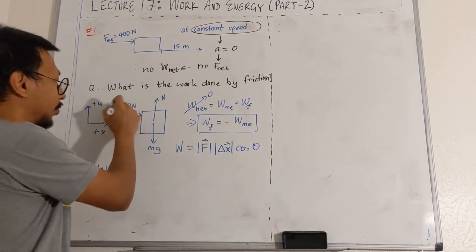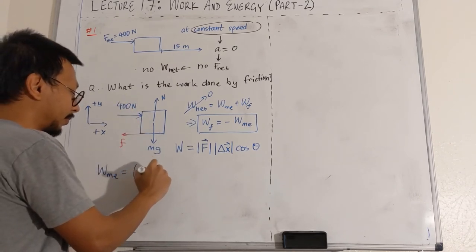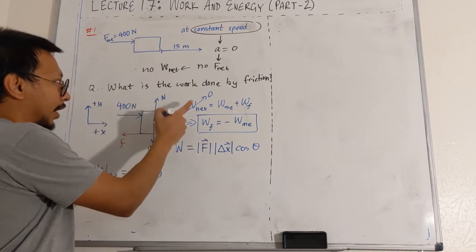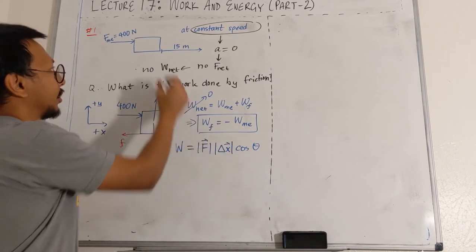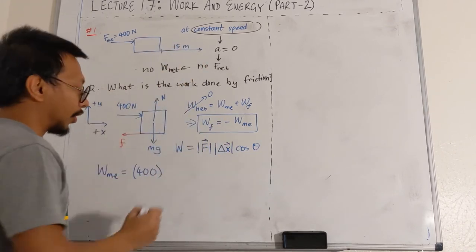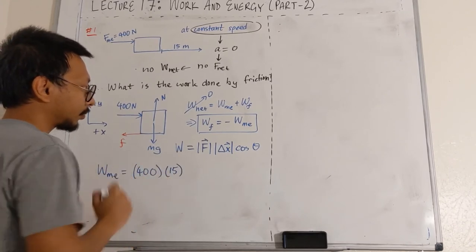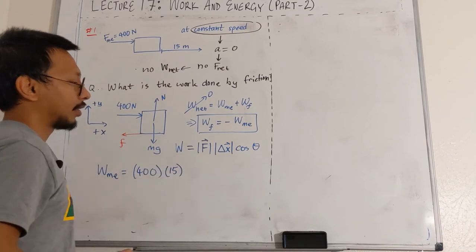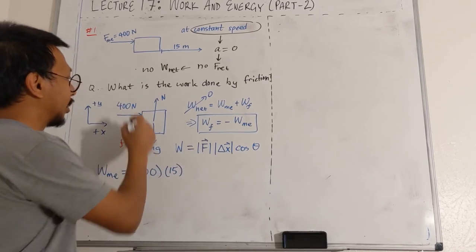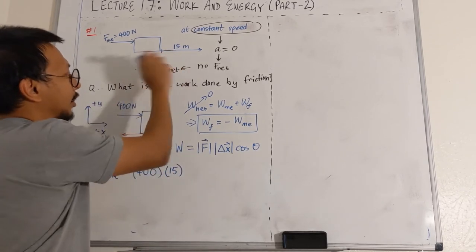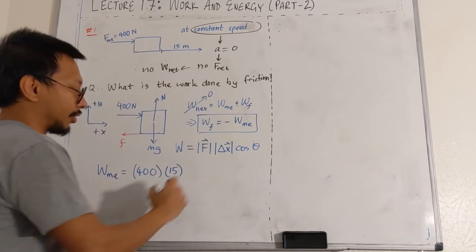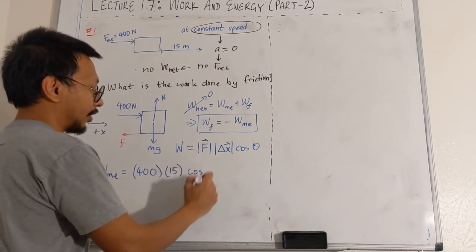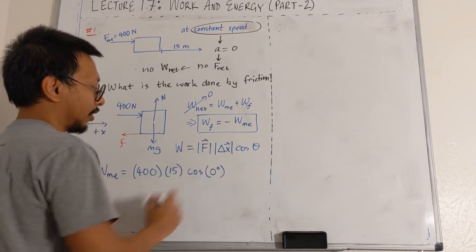Alright, using this, the work done by me would be the magnitude of the force that I apply, which is 400 newtons, times the distance I successfully moved the block to the right, which is 15 meters, times cosine of the angle between F and the displacement. The force is to the right, displacement is to the right, both are horizontal, hence the angle between them is 0 because they are parallel.